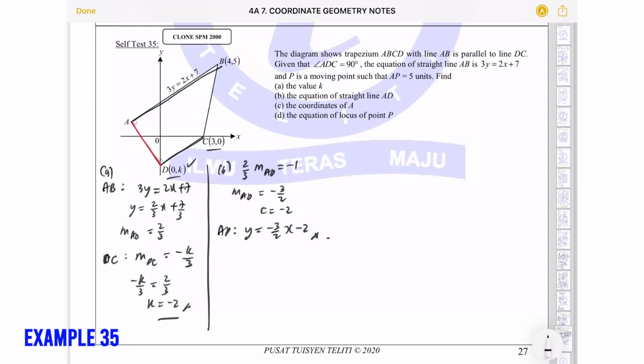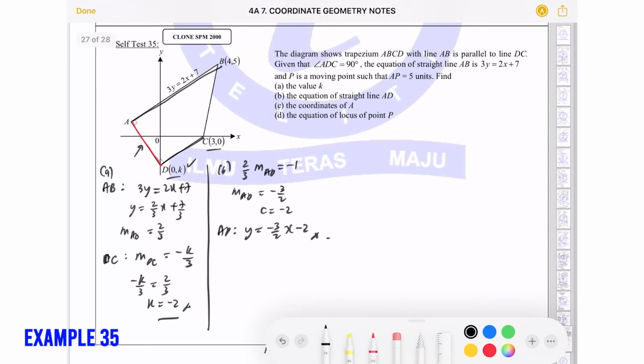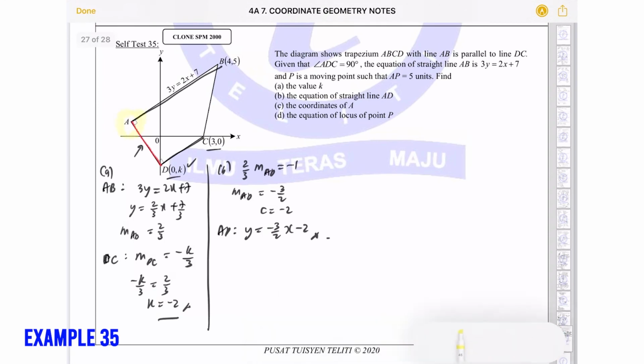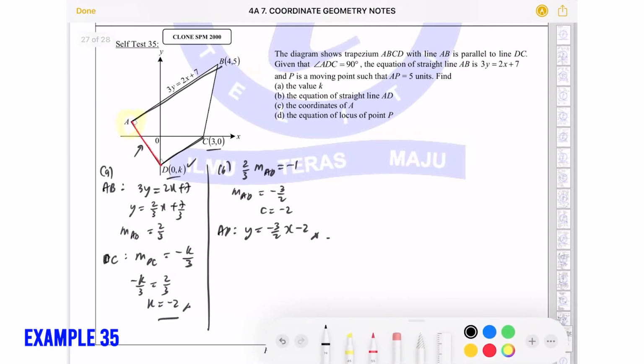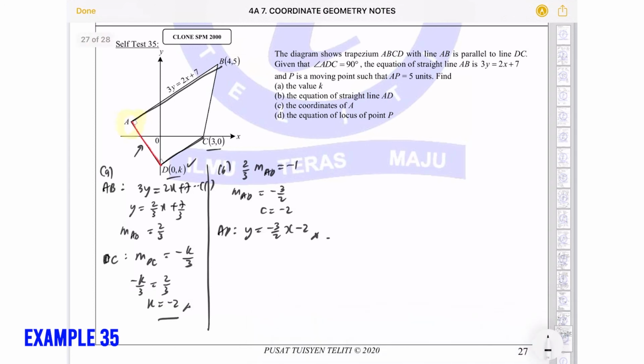Okay, how do you find coordinate point A? Now, you can see that AD and AB actually intersect at point A. So to find the point of intersection, we just solve these equations. Maybe I call this equation 1, AB, and AD equation 2, and solve them simultaneously. We sub 2 in 1.